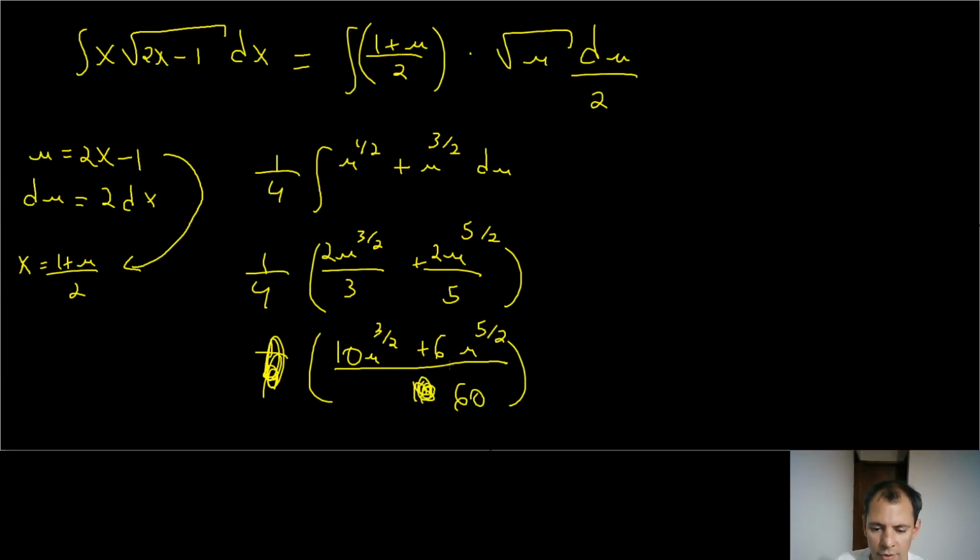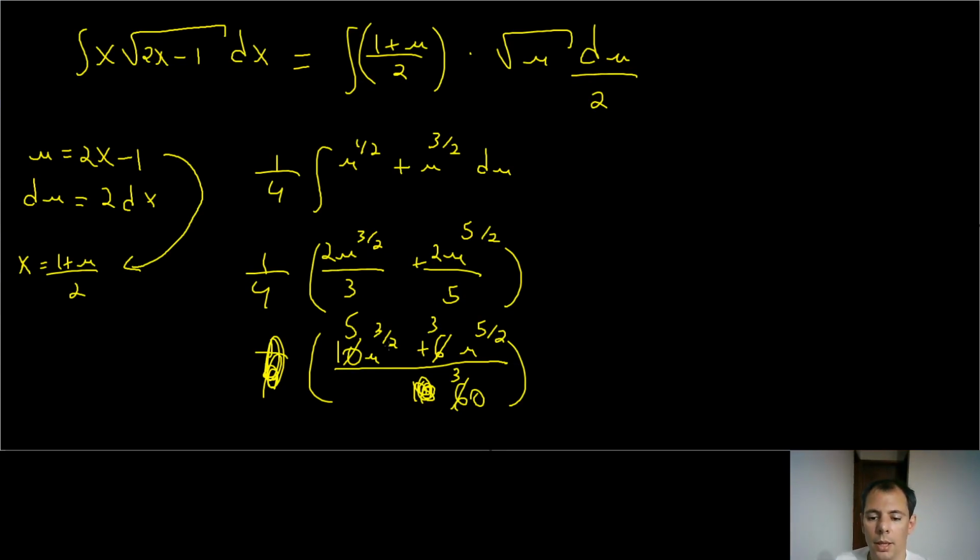Now you can simplify it by 6. Oh no, you can't divide that by 6, you gotta divide it by 2. So this becomes a 3, this becomes a 30, and this one becomes a 5. That's it.